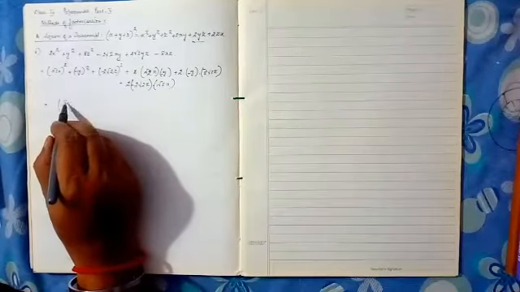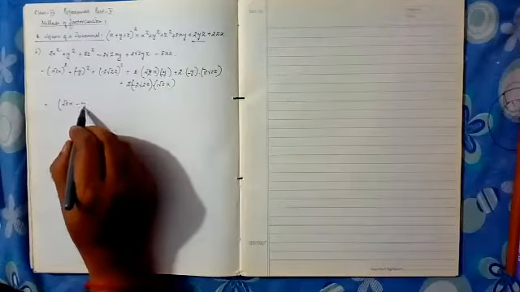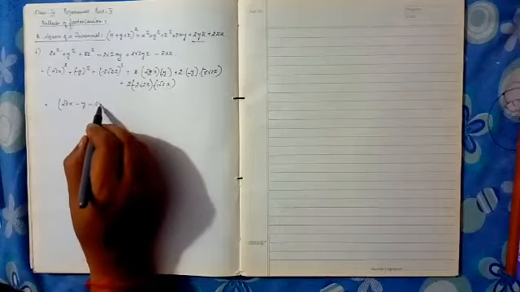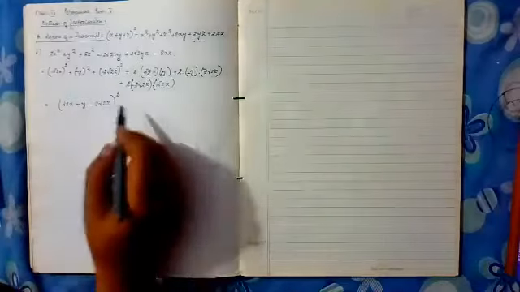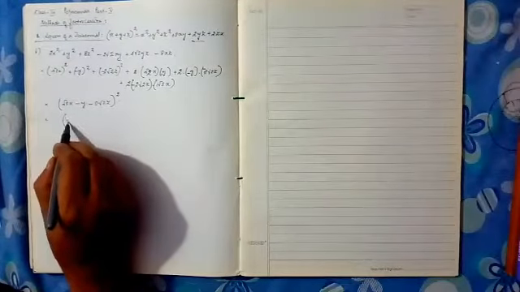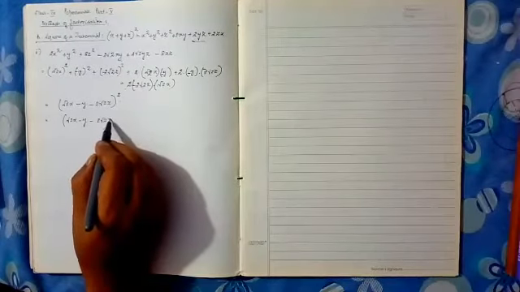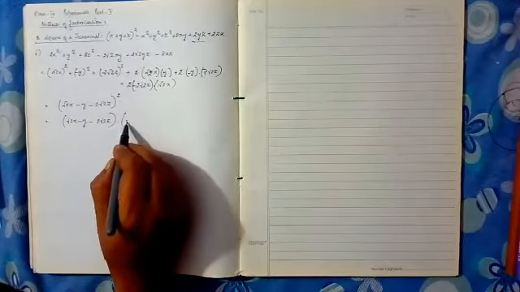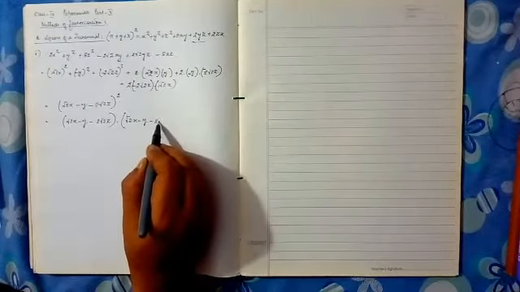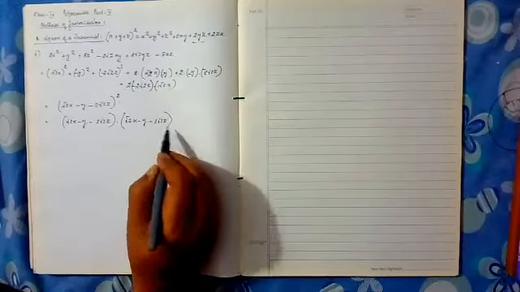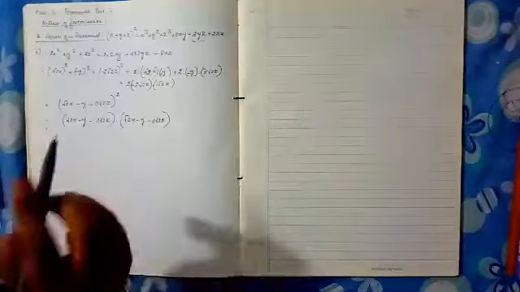So (root 2 x minus y minus 2 root 2 z) whole square. It means what are the factors? Root 2 x minus y minus 2 root 2 z into root 2 x minus y minus 2 root 2 z. Square means 2 times it is written. So sixth method is discussed.